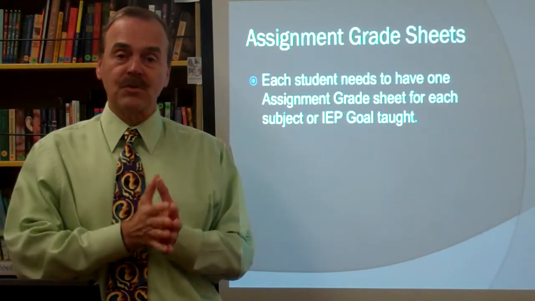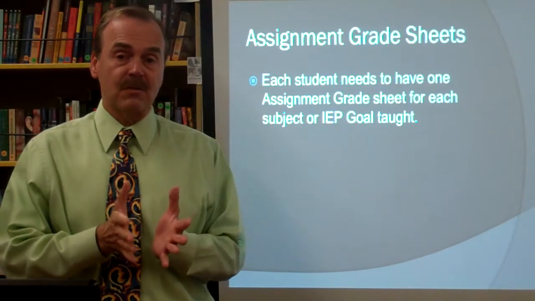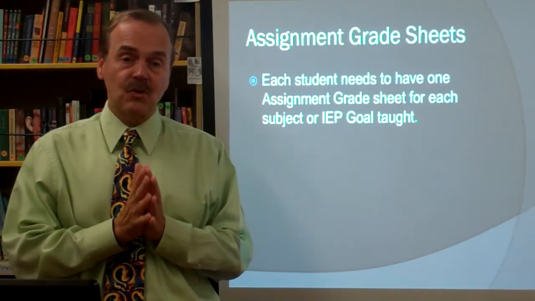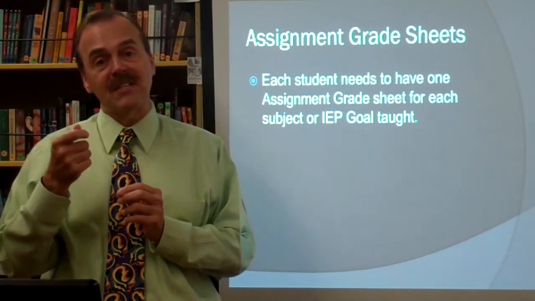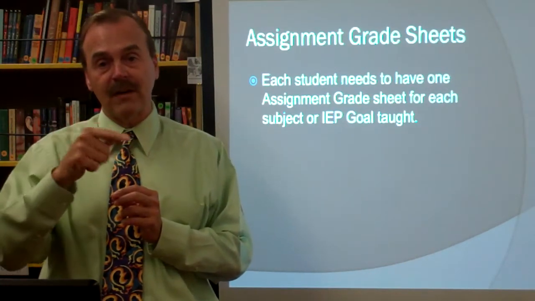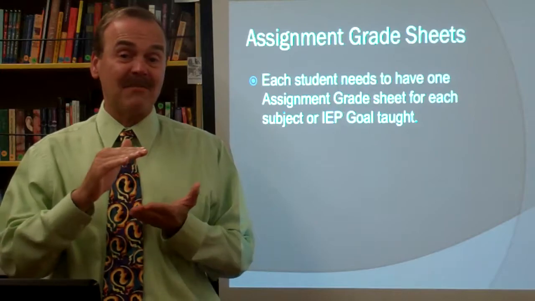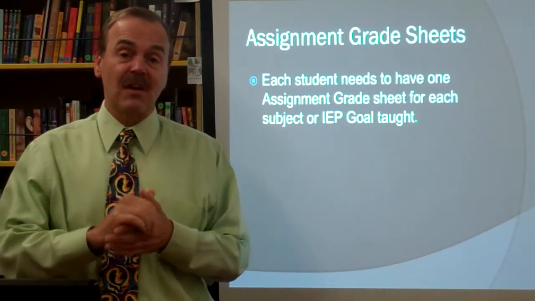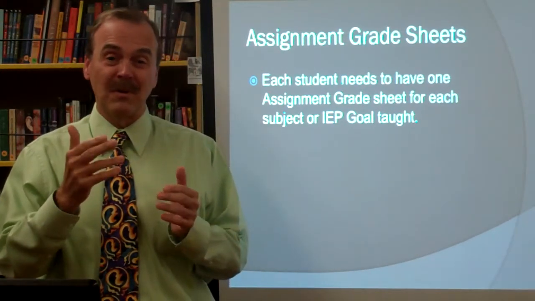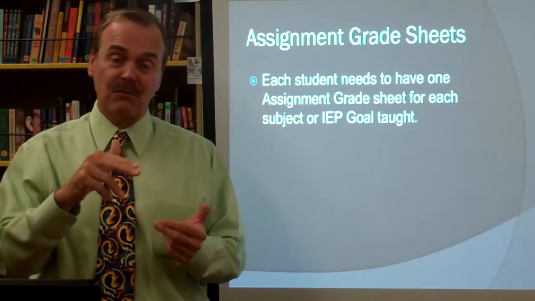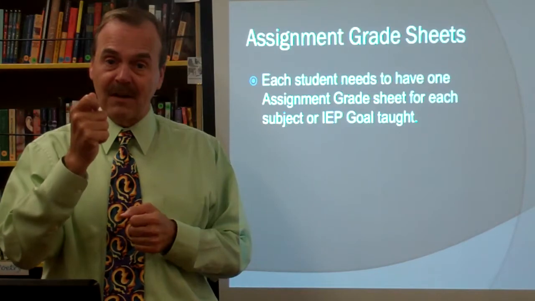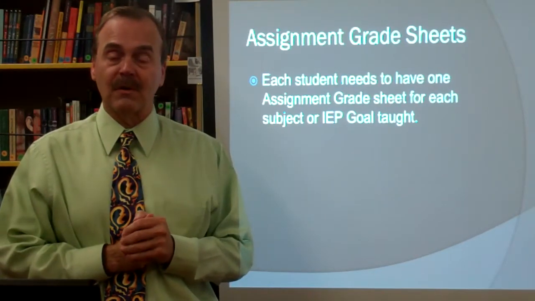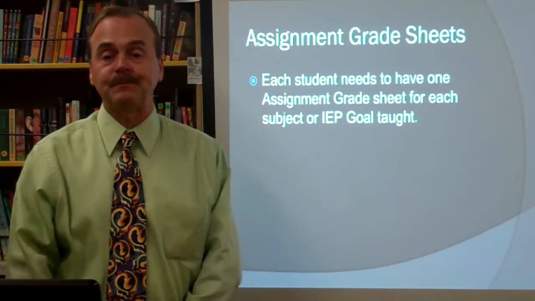Therefore, most secondary students are taking 2 courses with Carlson, and you should have a set of 2 different assignment grade sheets. Now, for English, you might have to go on to page 2, and maybe page 3 for English, but you should have one set of assignment grade sheets for each subject.